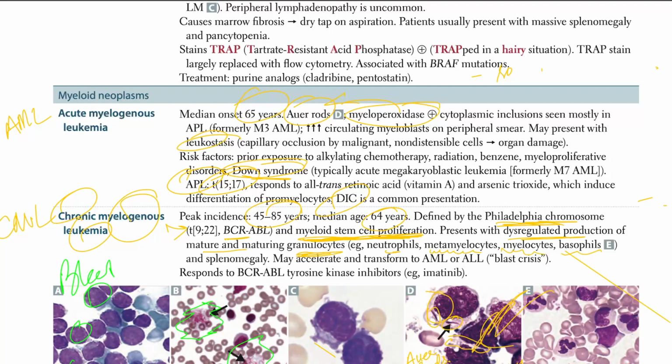Look in picture E, you have all these cells. And splenomegaly. It may accelerate and transform to AML or ALL, blast crisis. Response to BCR-ABL tyrosine kinase inhibitor, imatinib.